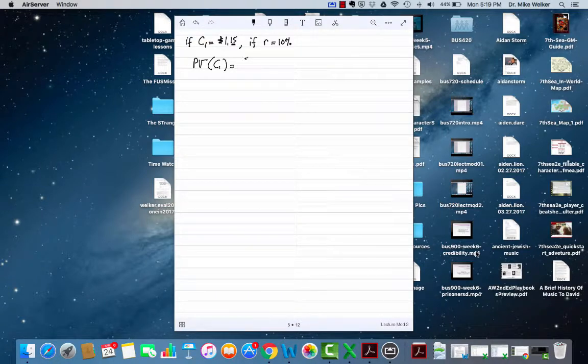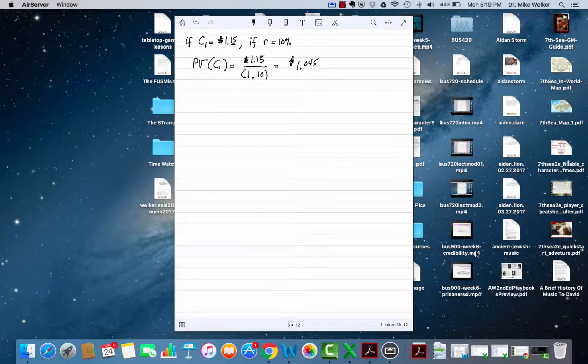That's equal to the $1.15 I get in time period 1, divided by 1 plus R, which is 1.10. Now, pulling out the trusty calculator, it shows me that that's $1 and a little over 4.5 cents.